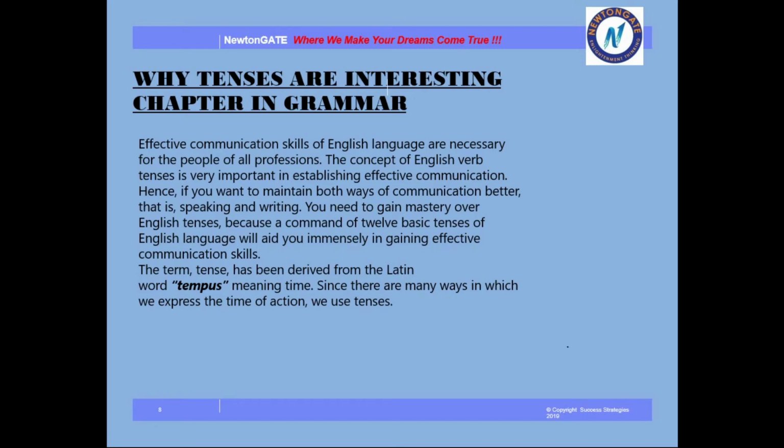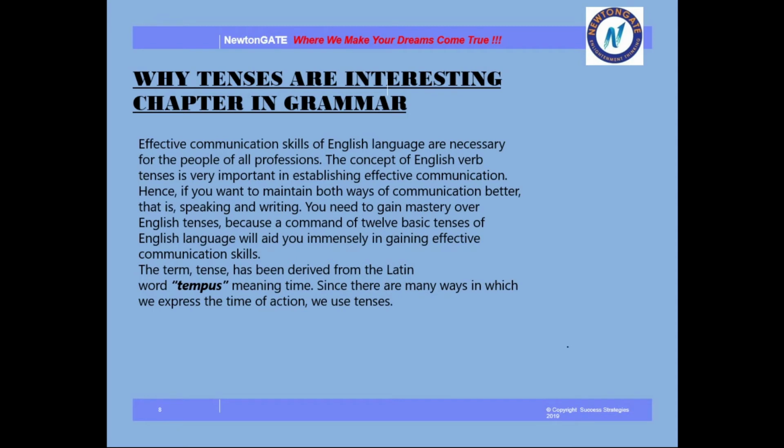Effective communication skills in the English language are necessary for people of all professions. Nowadays English is a main language for getting a job and for everything. When we want to communicate with other people, English is also the most important language. So knowing English in a correct form is very important.